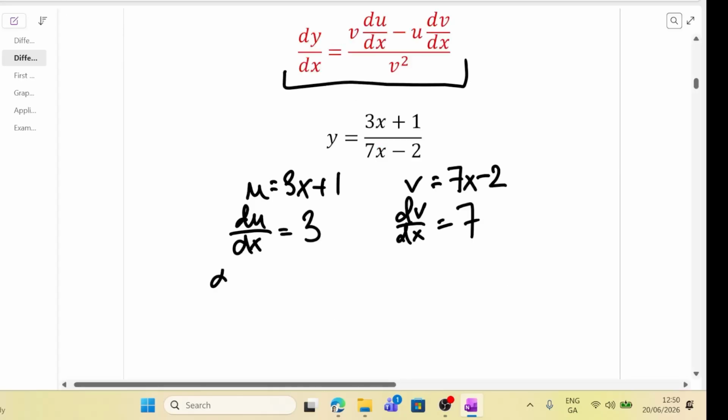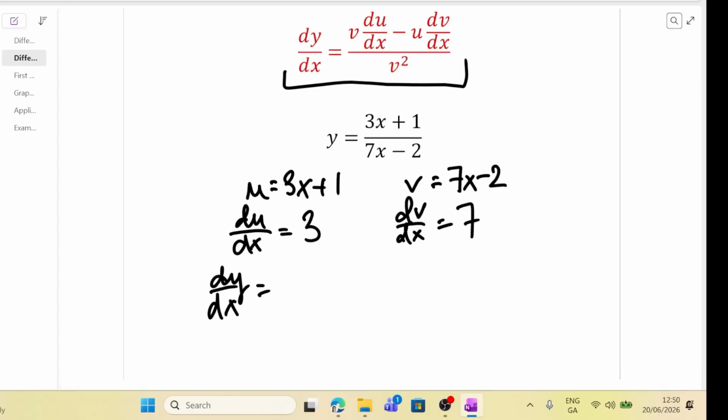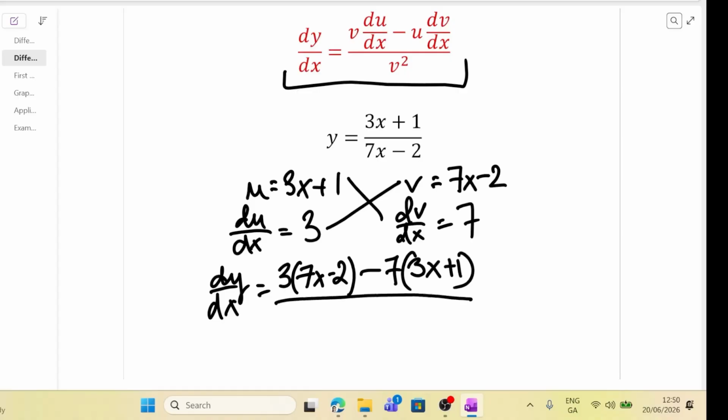So my dy over dx is equal to v, which is this, multiplied by the derivative of u. So I'm going to keep it like that, 7x minus 2, and then minus the other one, u by this. So I'm going to start with the 7 and then 3x plus 1, all over 7x minus 2 to be squared.